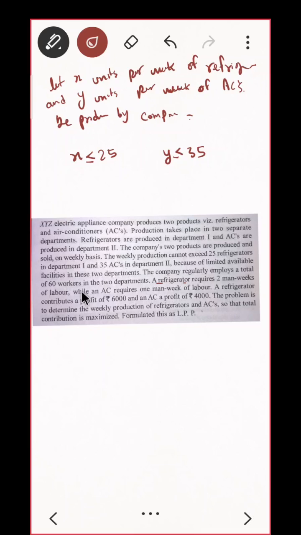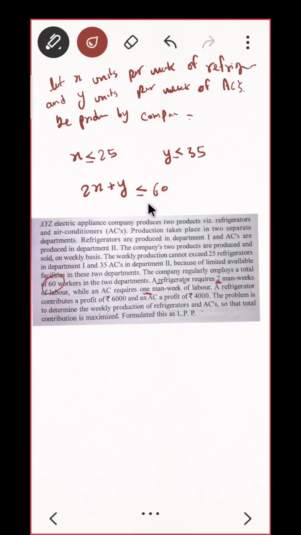How many total workers are there in the two departments? Total 60 workers are there. For a refrigerator we require 2 and for an AC we require 1. So what will be the condition? Less than or equal to 60. Good. 2x plus y is less than or equal to 60.